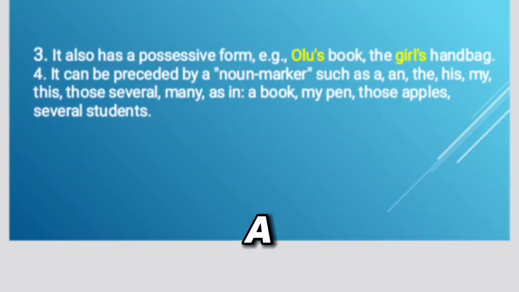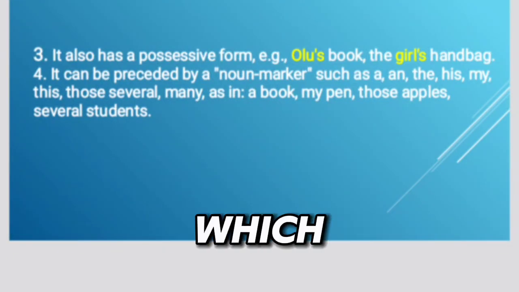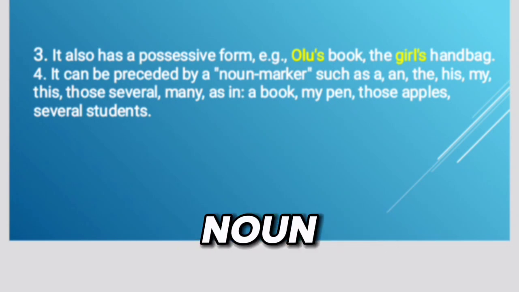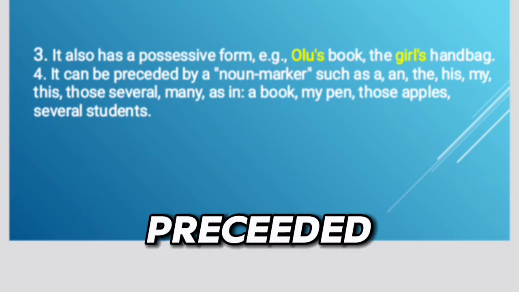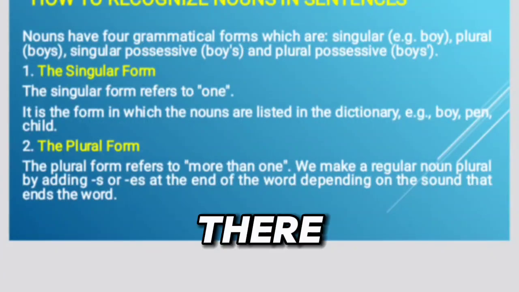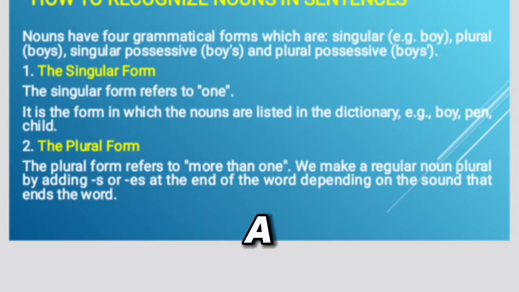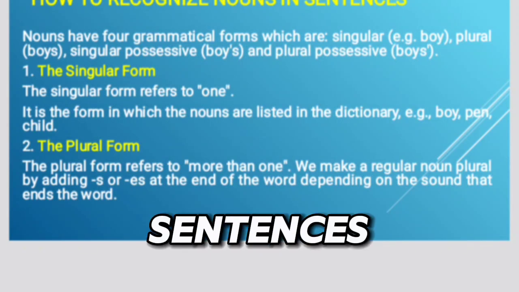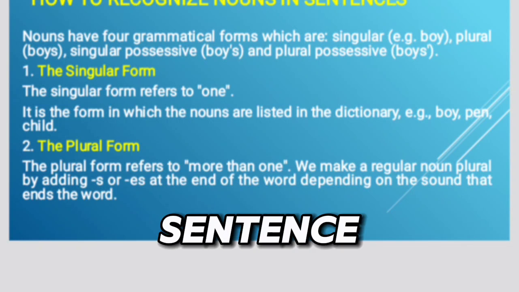A noun has a possessive form, which is apostrophe and s. Then a noun can be preceded by a noun marker, like a determiner or an article. There are other ways to identify a noun in any sentence.